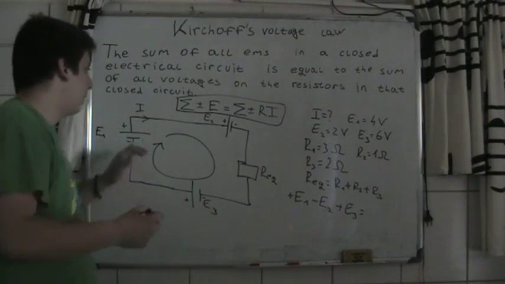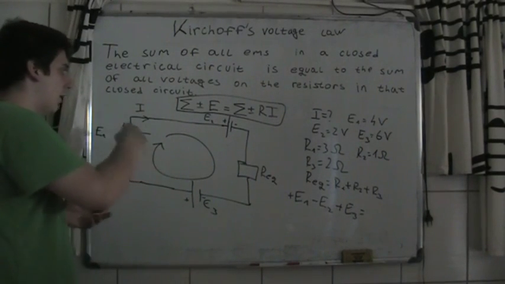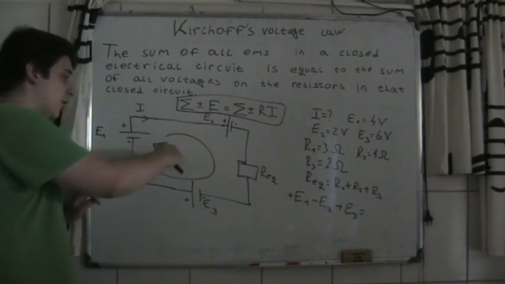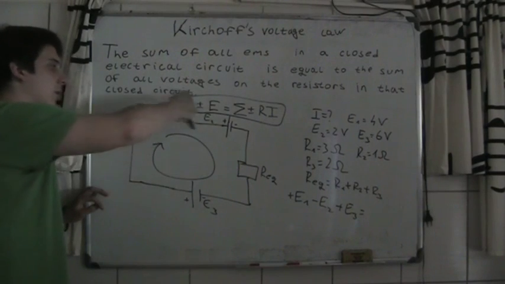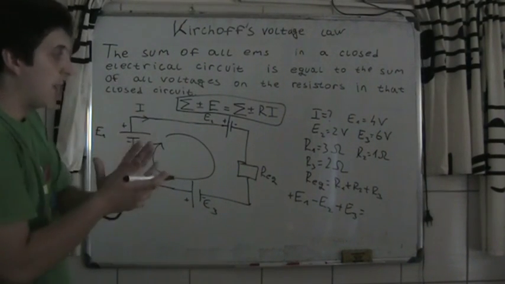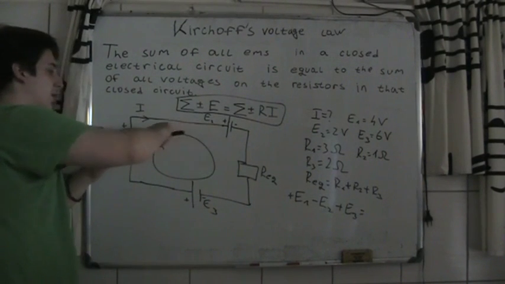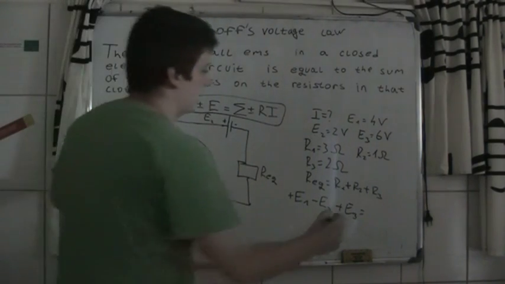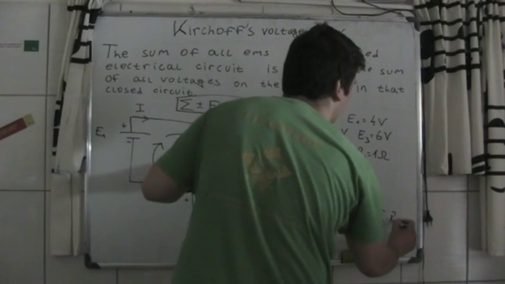Now, if the direction of the current is the same as the direction of this loop where we are going to go, we put a plus sign. So the current goes in this direction, this loop goes in this direction, and you will have plus I times R equivalent.